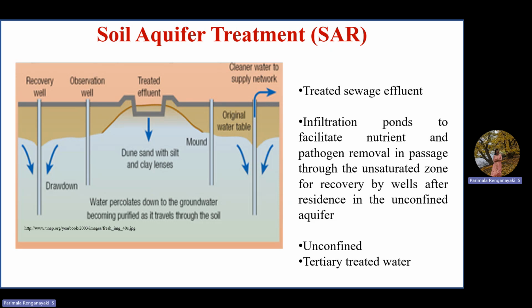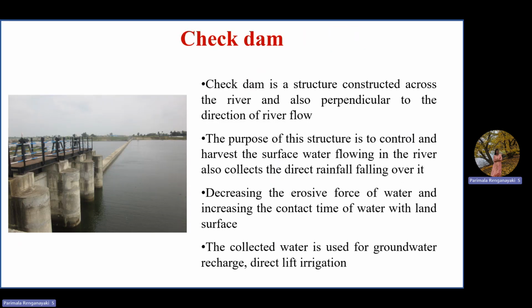You can keep checking the water level rise or water quality. Everything can be checked and we can pump out the water through the recovery well. Here also, if necessary, we can go for chlorination or any additional treatment. But almost all the filtration cost will be reduced when you go for soil aquifer treatment.